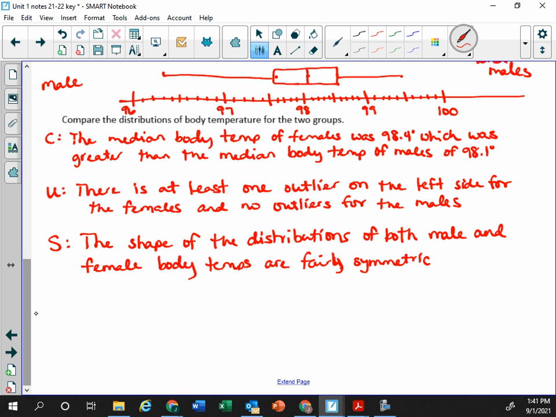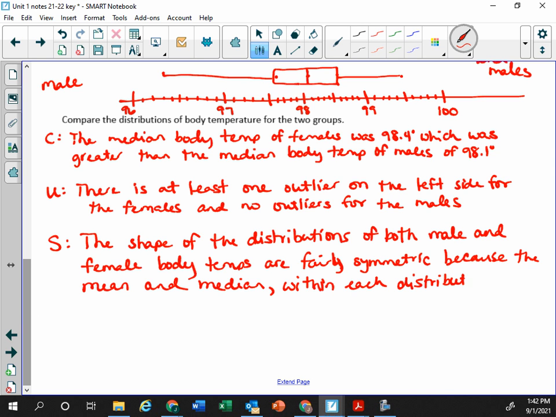And you want to tell me why you know that, and you would say because the mean and median within each distribution are almost equal.